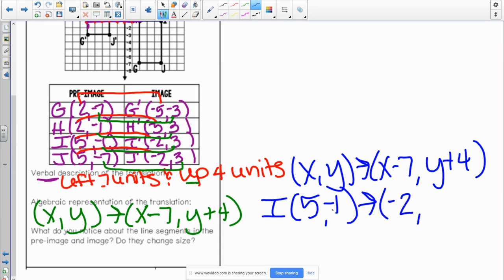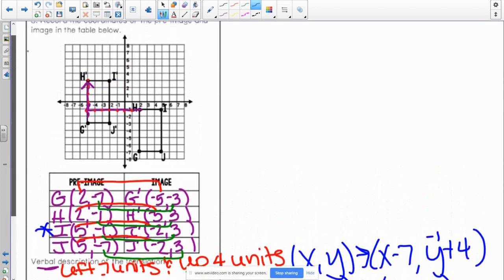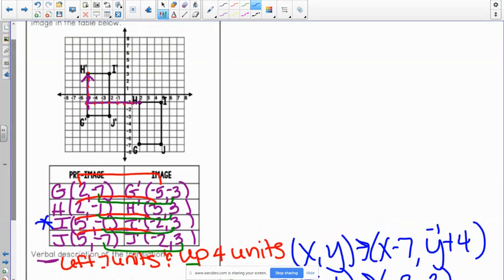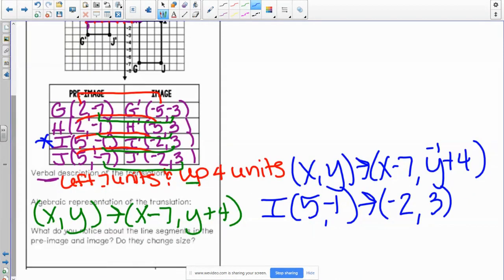I'm at -1, and I add 4. That takes me up to 3. So I can check here on my table, or I can go up to the example. That would be I prime, and I prime's at -2, 3, is what we just looked at.